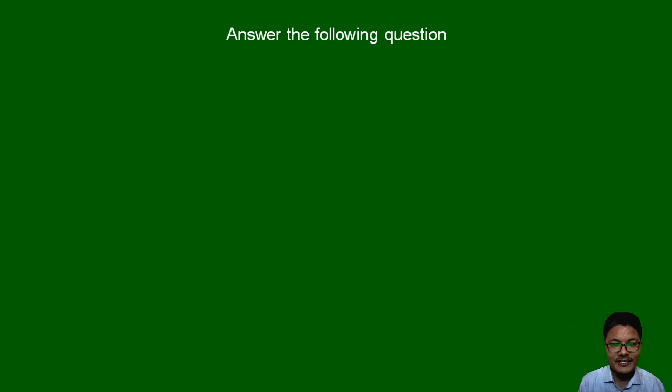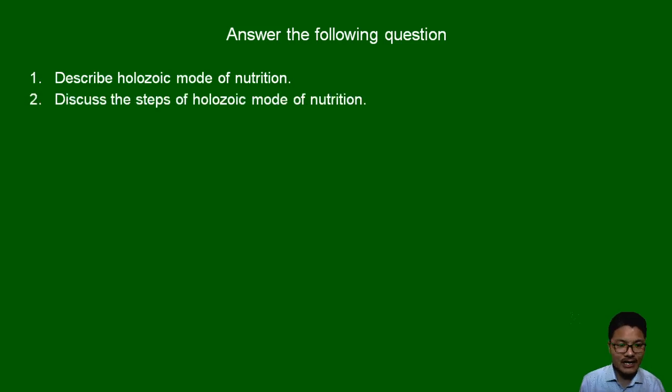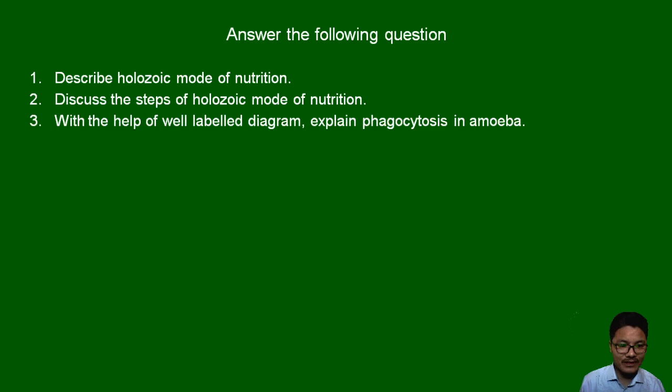Now try to answer these questions. Simple questions. You have to describe holozoic mode of nutrition, and second, discuss the steps of holozoic mode of nutrition. You can write it in case of amoeba or any other organism. Third, you have to describe phagocytosis in case of amoeba with the help of a well-labeled diagram.